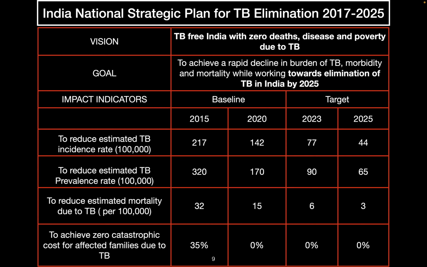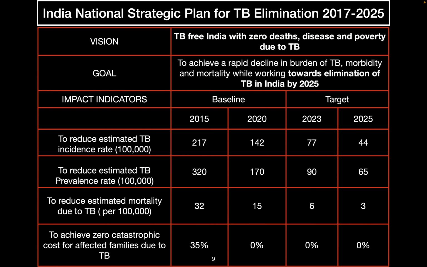Now, based on the National Strategic Plan DTPB strategy, the National Strategic Plan for TB also has certain indicators. Just like we have End TB strategy indicators, here also we have indicators. We want to reduce the TB incidence by 2025 to 44 per 1 lakh. We want to reduce the prevalence rate to 65 per 1 lakh in 2025.